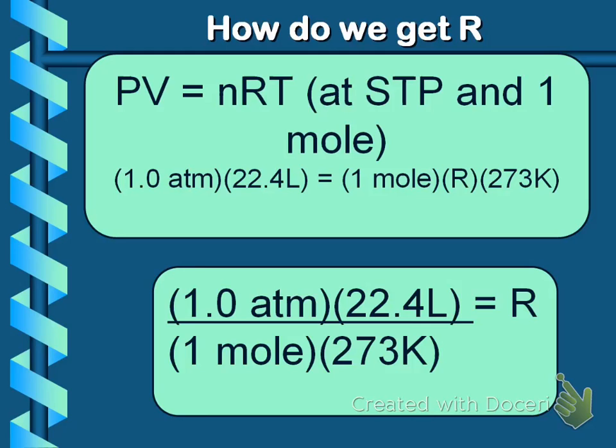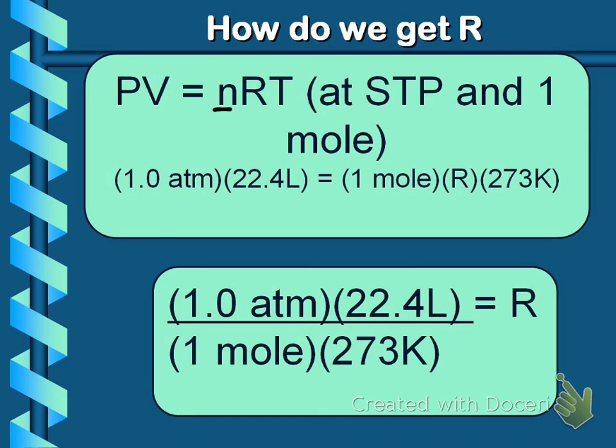Okay, I'll give you about 10 seconds to write this down. This is not necessarily something that I'm going to ask you on a test, but I just want you to see how you could rearrange this equation to calculate for R. For the rest of the problems, you'll basically be able to use the R value in the equation.